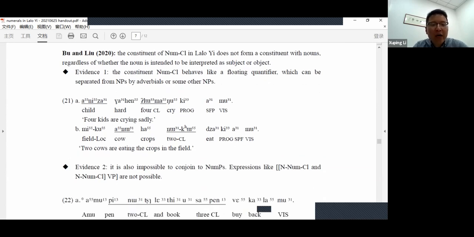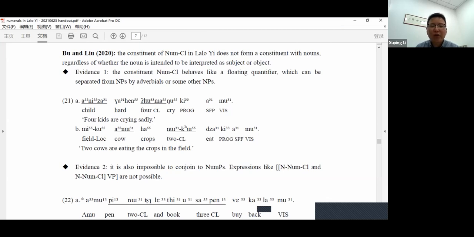So 4 kids are crying sadly here: children and hard and full classifier cry, okay? But here the NP and the numcla are separated by an adverbial. And for example, in 21b, 2 cows are eating the crops in the field. Here, 2 classifier only goes with cow, but the classifier and the NP are separated by the object crops, right?